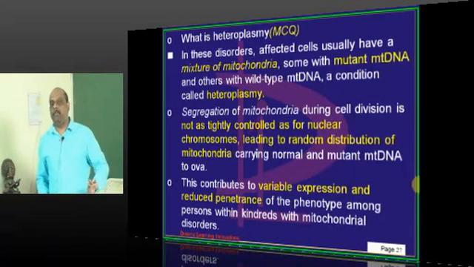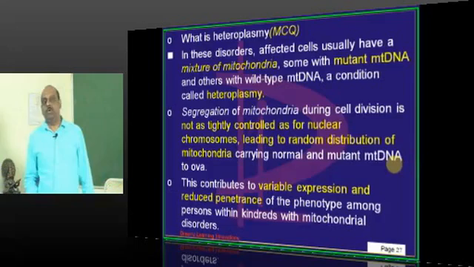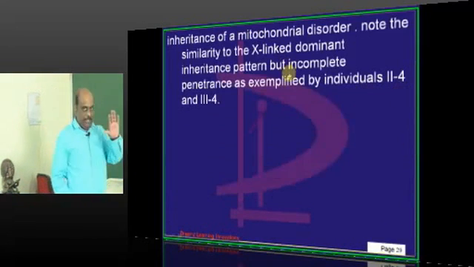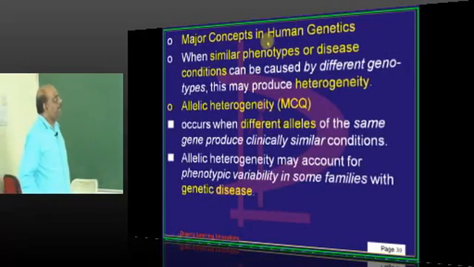Some will be good, some will be bad because of an improper segregation, which is not that strict like the nuclear chromosomes, is what needs to be remembered. Bottom line: heteroplasmy, mitochondrial DNA. That's what you need to understand.